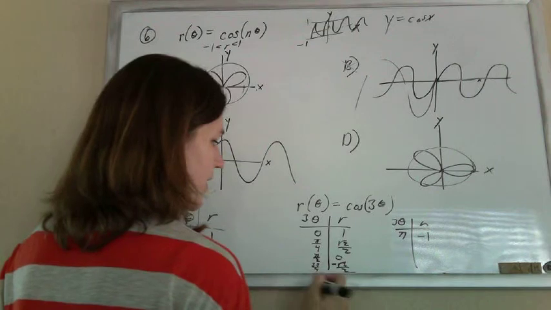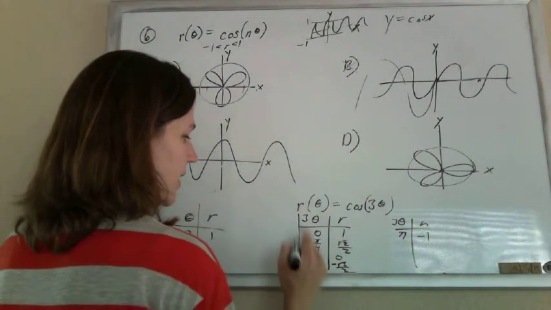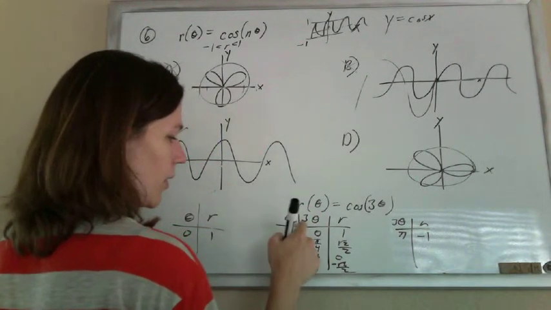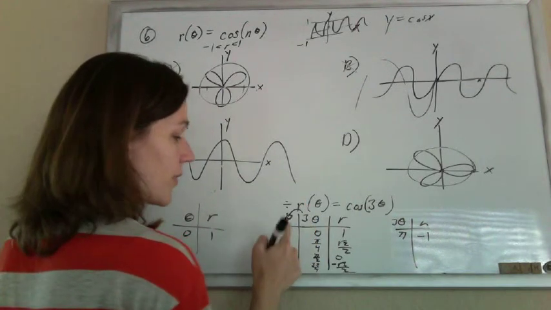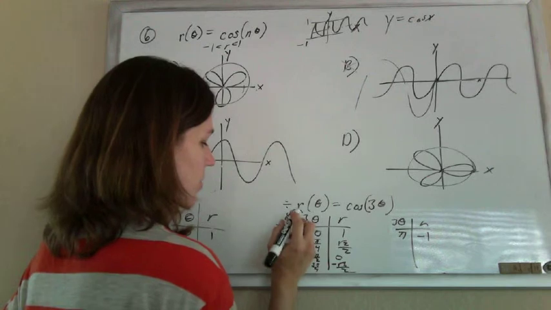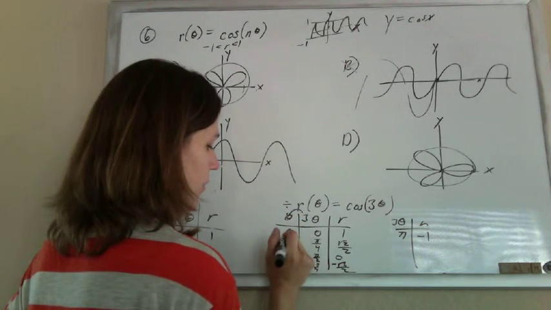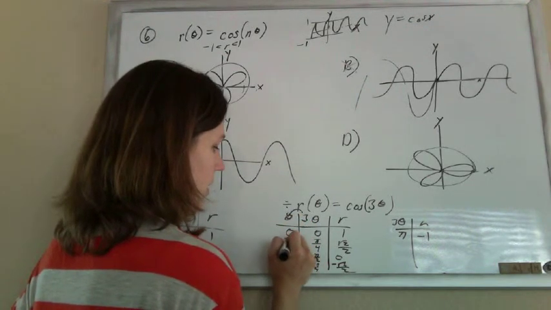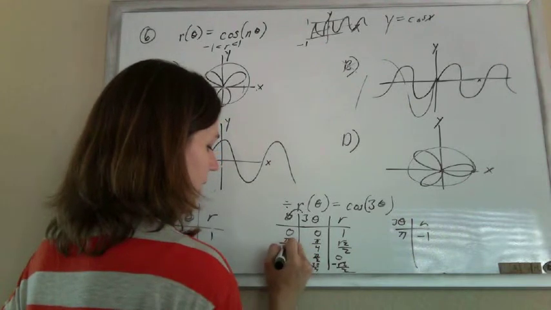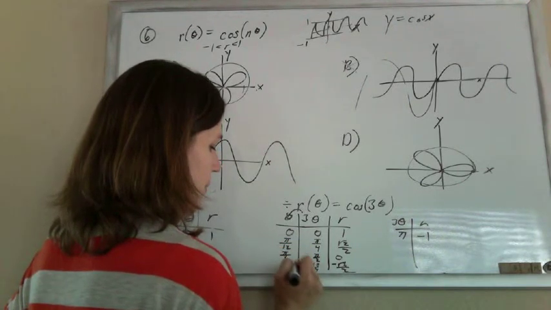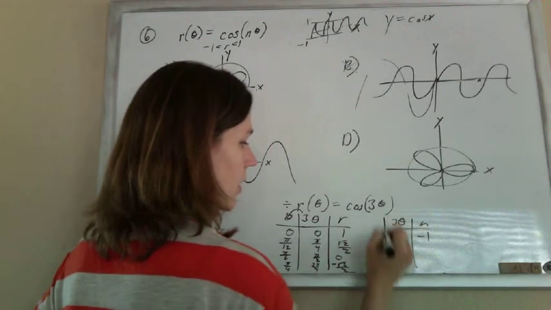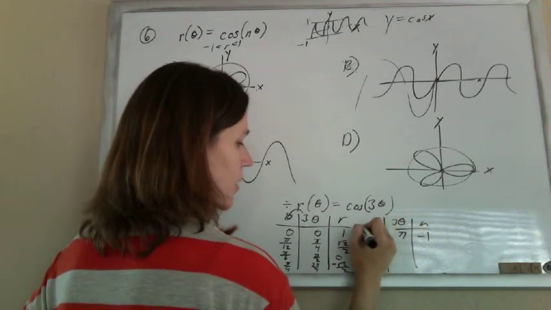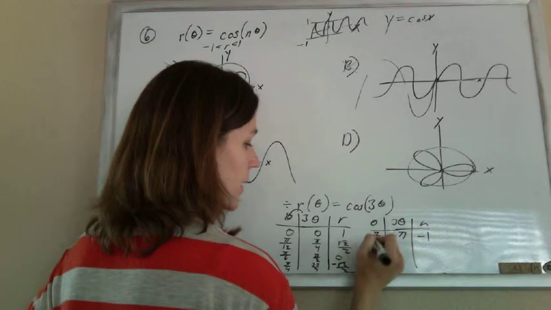And let's see what we've got. So I've got them all for 3 theta. Now let's go backwards and figure out, if 3 theta was 0, just divide by 3 to figure out what your theta is. So 0 divided by 3 is 0. Pi fourths divided by 3 is pi 12ths. Pi halves divided by 3 is pi 6. 3 pi fourths divided by 3 is pi fourths. Pi divided by 3 is pi thirds.